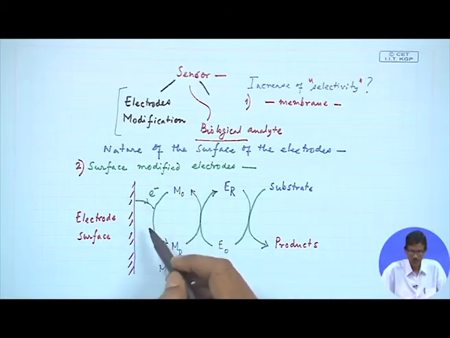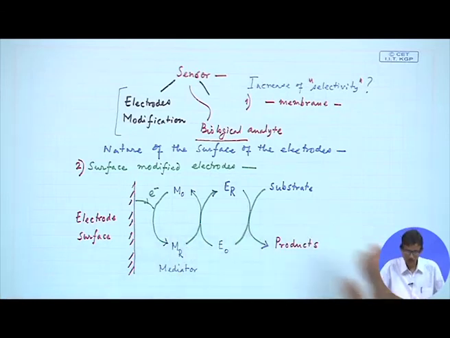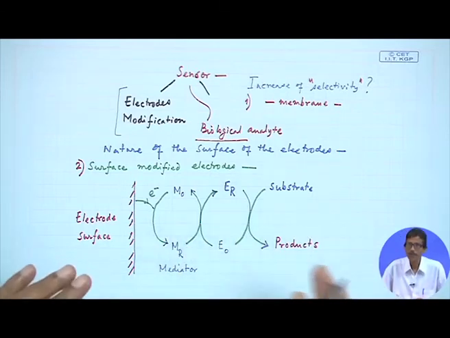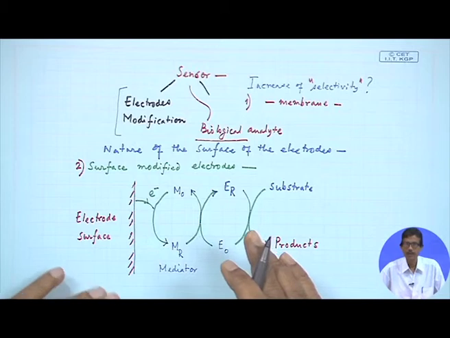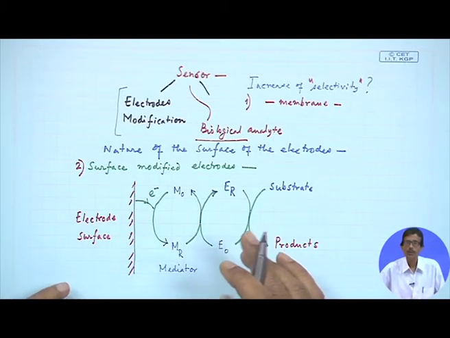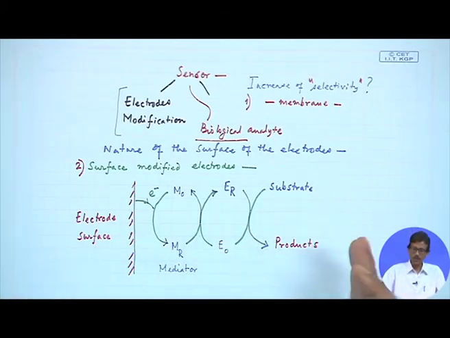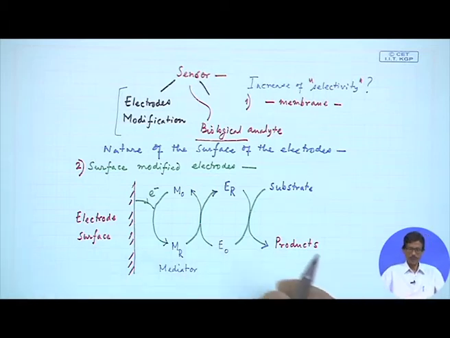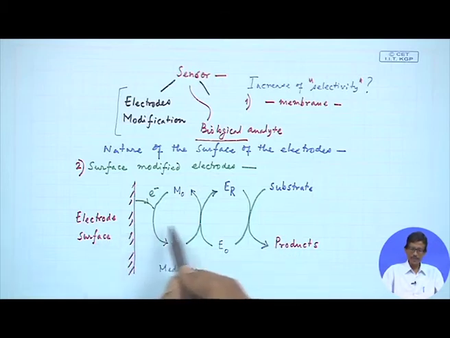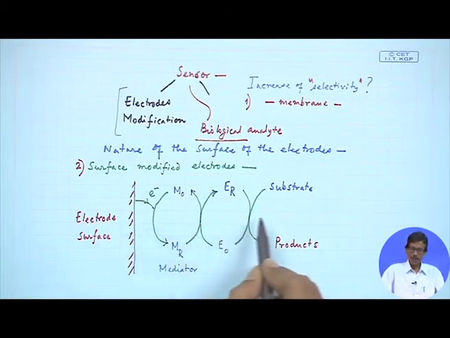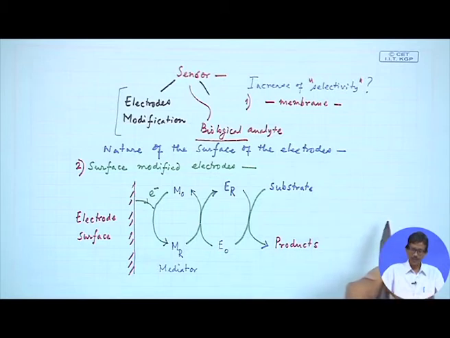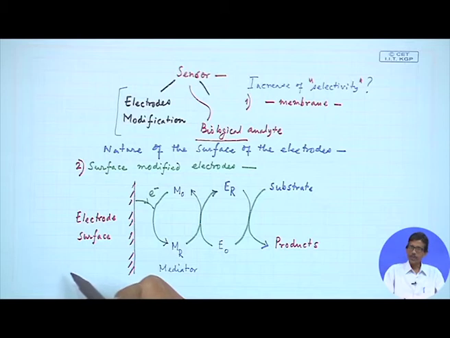So, that is why you use some mediator. That is why we know there are a large number of mediators available in biological systems. Suppose in cytochromes, the cytochrome C oxidase, there are a large number of mediators available, and for each mediator we have sequentially the corresponding difference in electrode potential values. On one side you have the food material which will be oxidized by O2 on the other side.